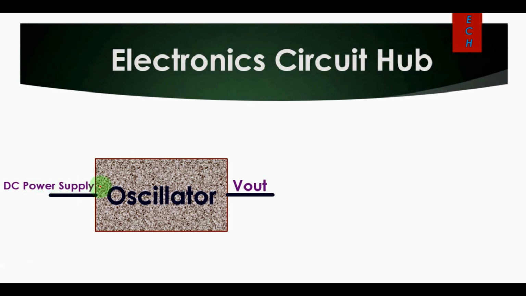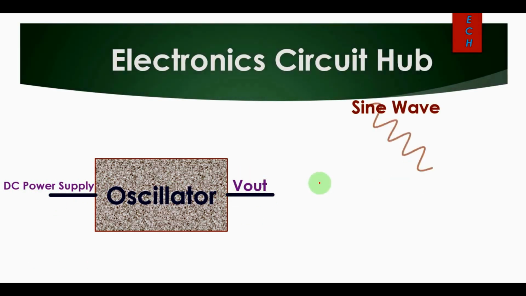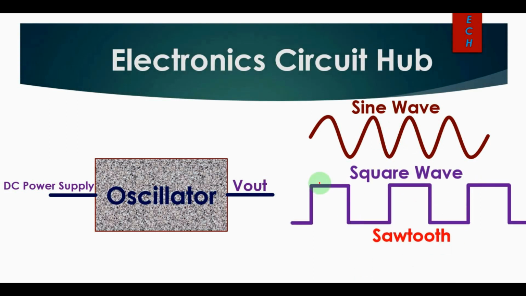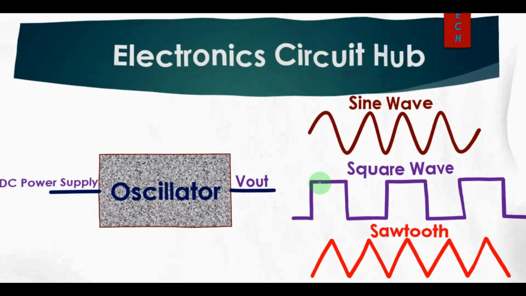That means this oscillator does not have any input source. It has only the power supply source, and it is giving some output. So the output of this oscillator can be a sine wave, a square wave, or a sawtooth wave, right?